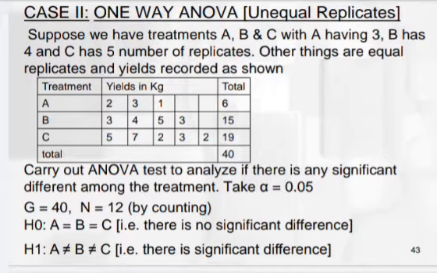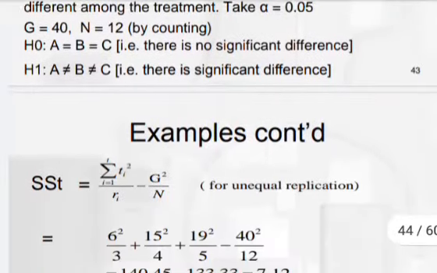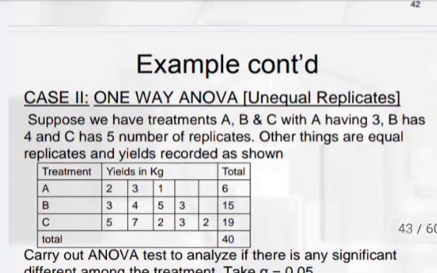Because the replicate is 3, that is, appearing 3 times, it was divided by 3. The same thing with B, 3 plus 4 plus 5 plus 3. You can see the summation of everything all squared.